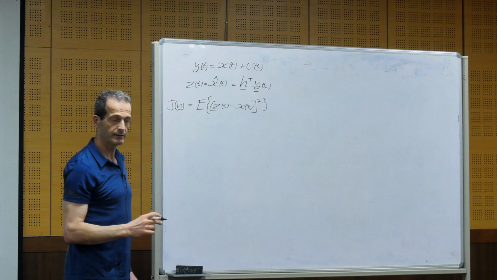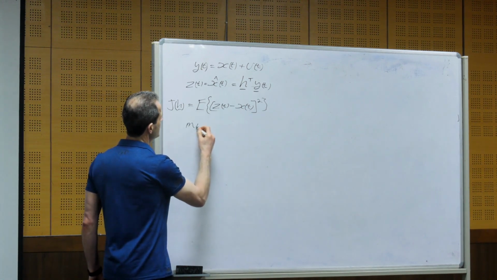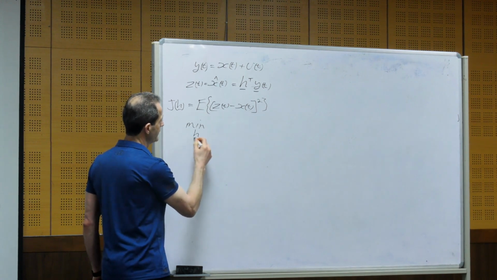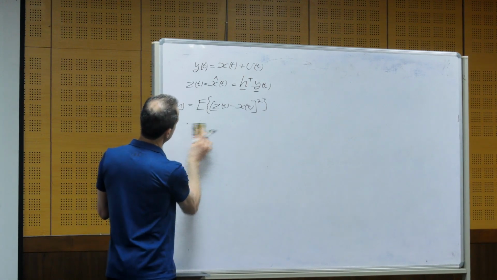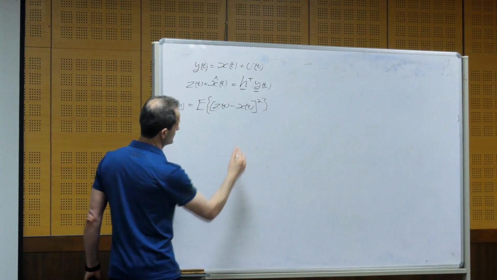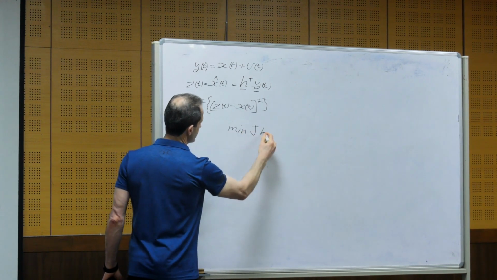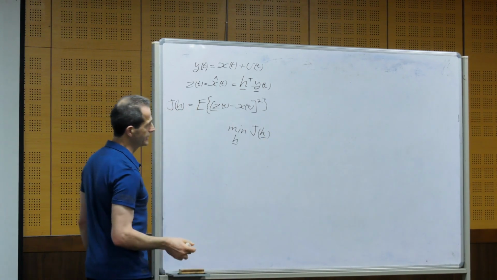This is what we did. Then we found the h that minimizes J(h) over all possible h.